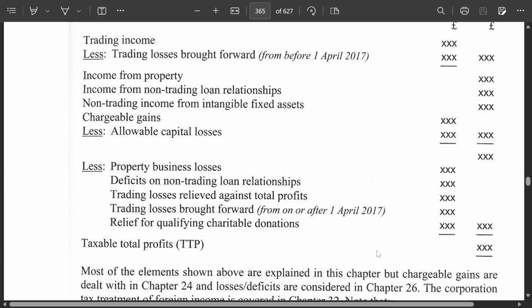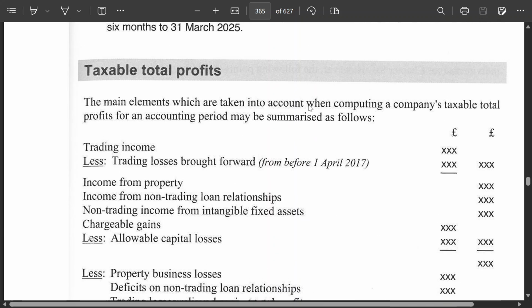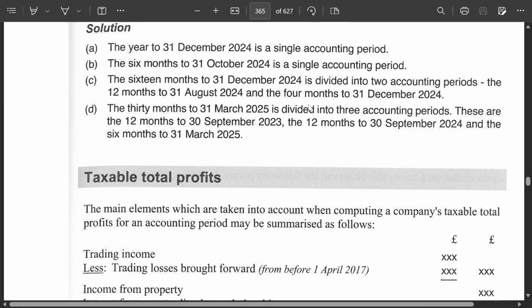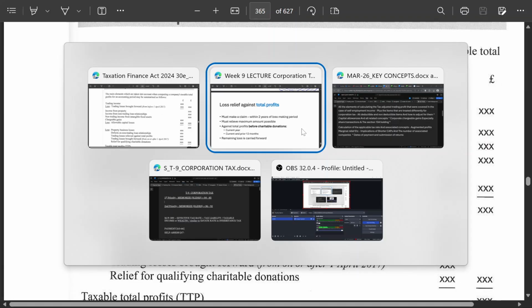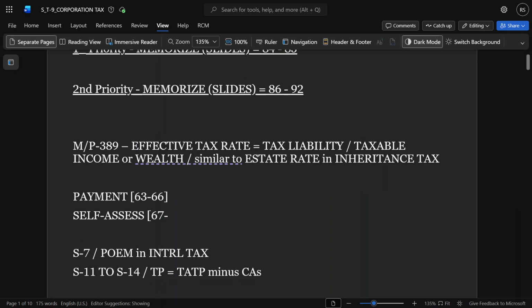It has the income from non-trading. So this is the taxable trading profit. This is the tax-adjusted trading profit. So this is the pro forma that is important. So let's look at the page number here, 349. Okay. So this, I would say here, very important to study the pro forma.